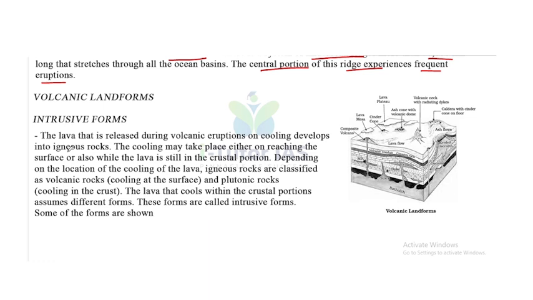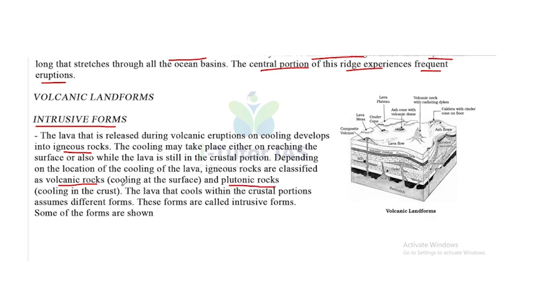Now, volcanic landforms. First one is intrusive forms. The lava that is released during volcanic eruptions, on cooling, develops into igneous rocks. The cooling may take place either on reaching the surface or while the lava is still in the crustal portion. Depending on the location of the cooling of lava, igneous rocks are classified as volcanic rocks and plutonic rocks.